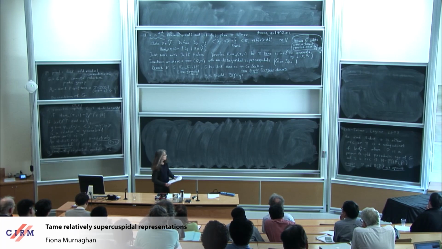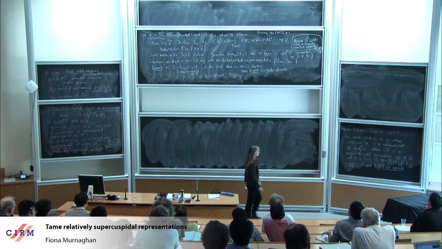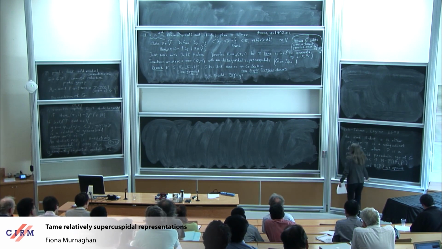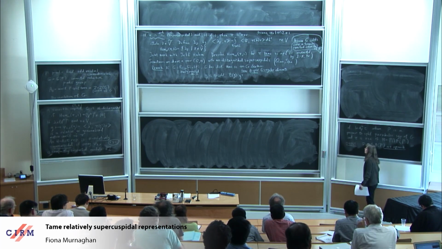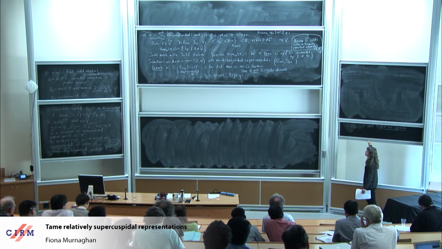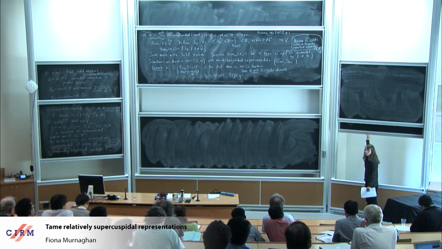Okay, so the relative supercuspidals that we're going to look at are all going to have tame support. Because we know something about distinction of tame supercuspidals, we can apply that to the support, right?